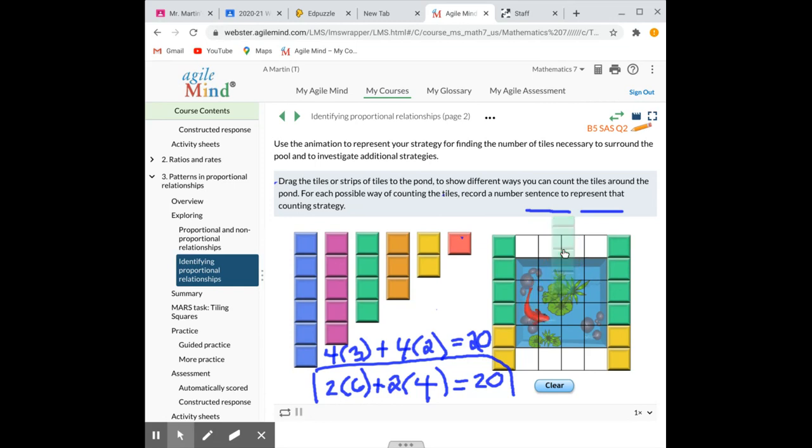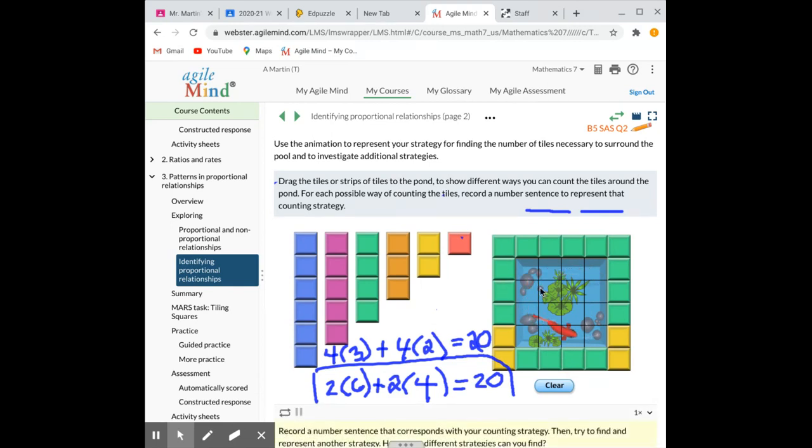I was going to say use one orange block and then one red block. Oh, well, that works. So this is 1, 2, 3, 4 greens and 2 yellows. So that would be 4 times 4 plus 2 times 2.